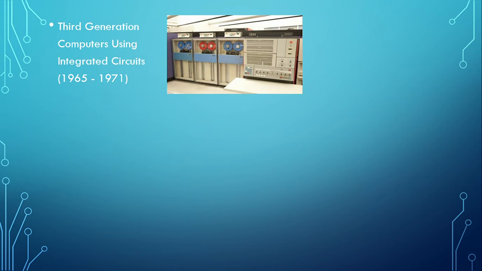Next, third generation computer using integrated circuit. The third generation of computers started in 1965 until 1971, where computers were made using integrated circuit (ICs).